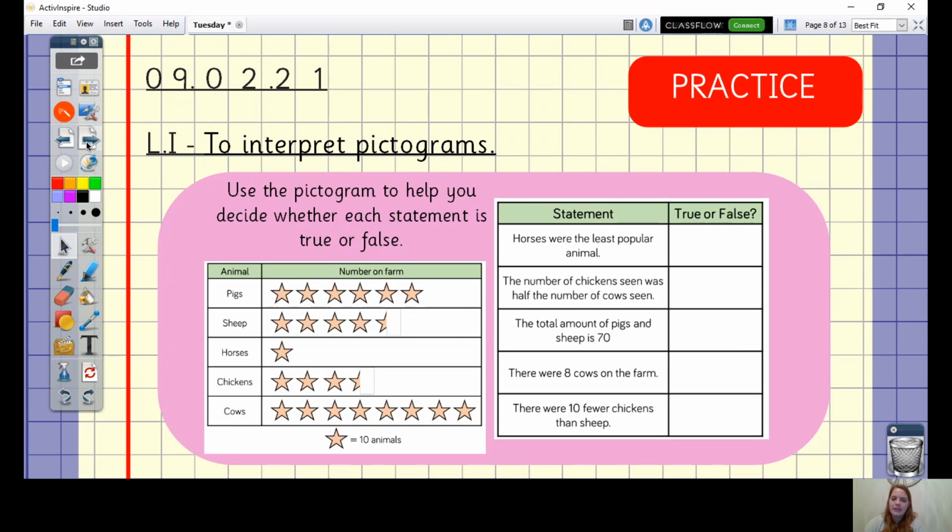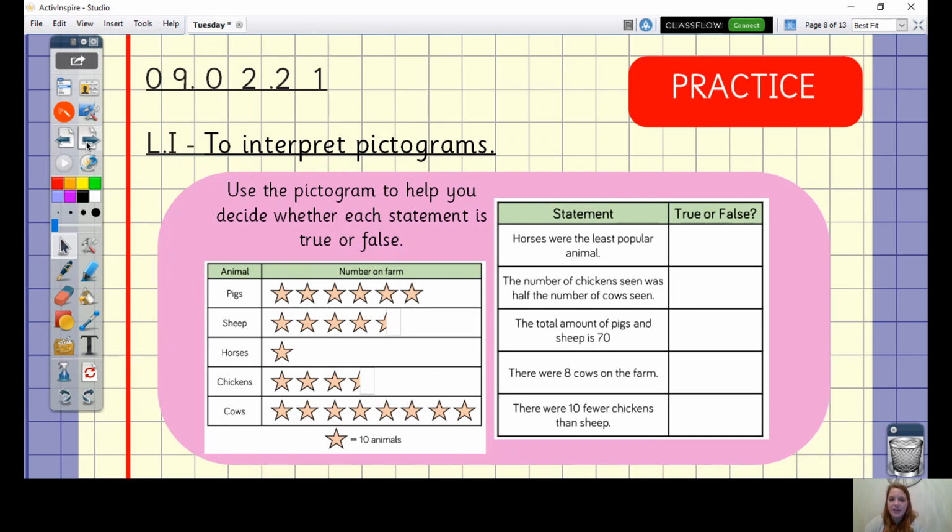Okay, so that one might need a little bit more working out, counting the totals, having a really careful look at the key, remember, to see what each symbol represents. The total amount of pigs and sheep is 70. So if we were to count the pigs and the sheep total, there were 8 cows on the farm. And finally, there were 10 fewer chickens than sheep.